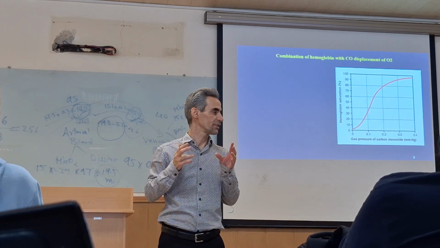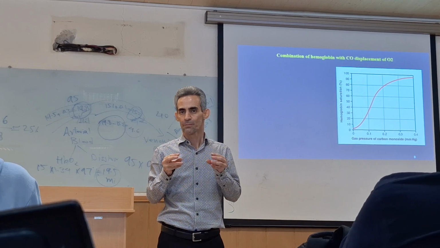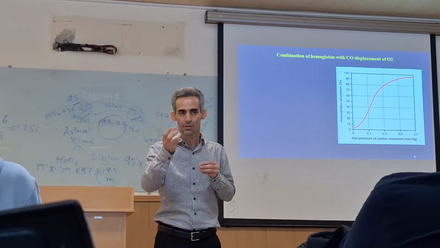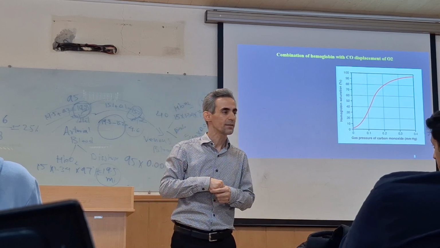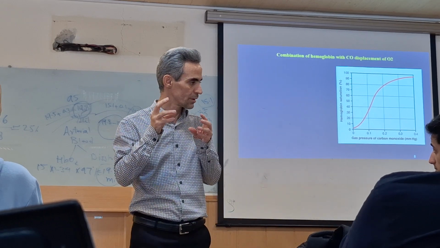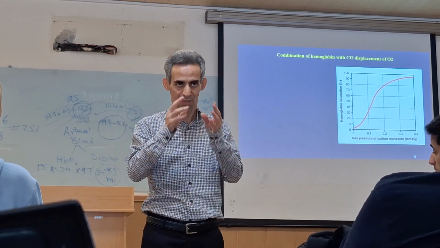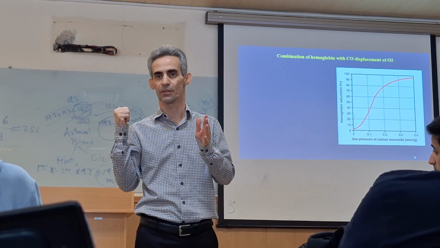Each alpha and each beta is attached to a specific biochemical structure, heme. In heme we have Fe2+. And unfortunately, carbon monoxide can bind hemoglobin at this location, the location for oxygen binding.